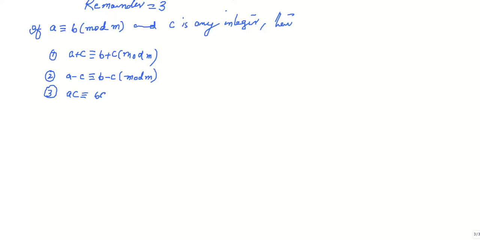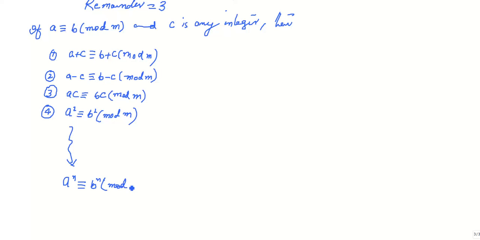So, AC is congruent to BC modulo M, and the fourth one is A squared congruent to B squared modulo M, and this can be extended to A to the power n congruent to B to the power n modulo M, for any positive n.